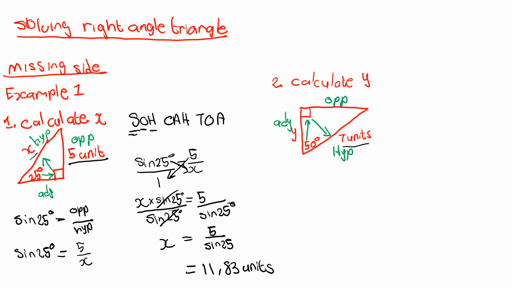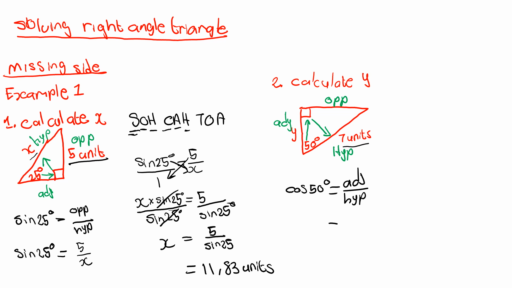We go back to our SOHCAHTOA. So we discover that what is our adjacent and our hypotenuse is cos. Cos is an adjacent and a hypotenuse. So you say cos 50 degrees, because that's what you use to identify the sides, is equals to adjacent over hypotenuse.